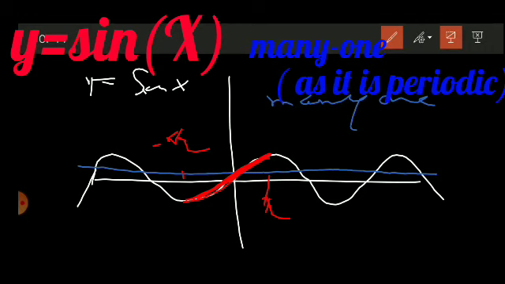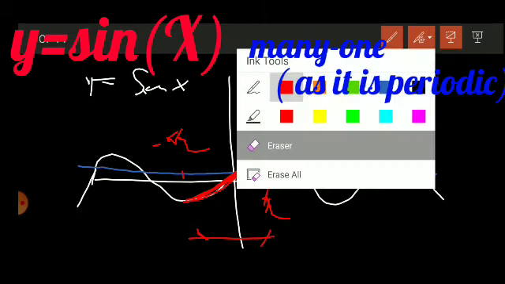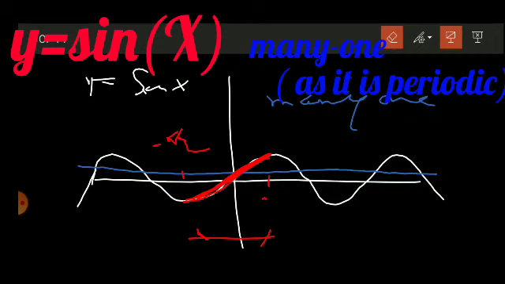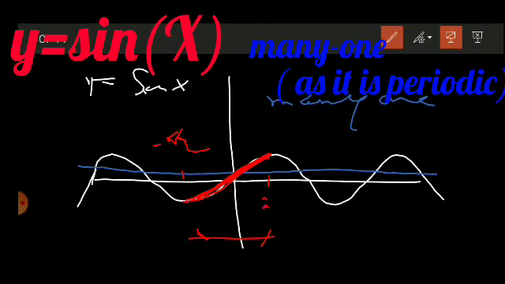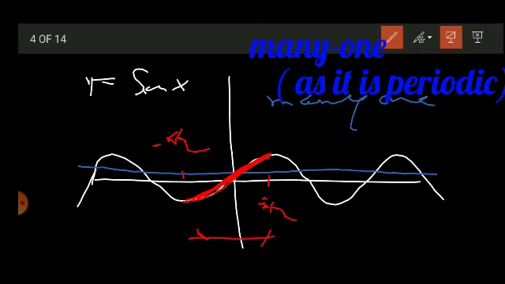Between minus pi by 2 and plus pi by 2, in this region, the function is one-one. But beyond pi by 2, the function turns and attains the same values, as the entire sin x ranges from -1 to +1.